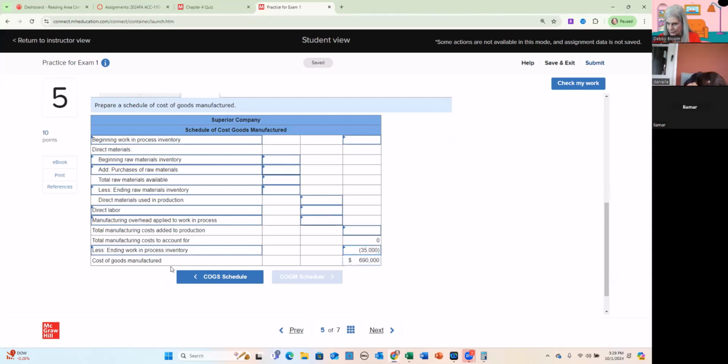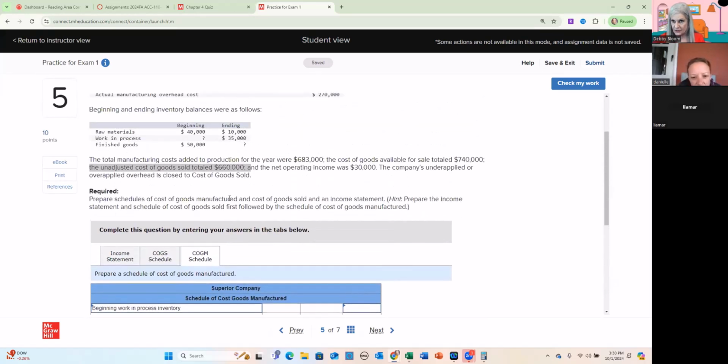I think the computer accepts it as a positive number. As long as you do the less, it knows to subtract it, but on the exam I would make sure that you're putting it in as a negative number. Okay? So I was just given my ending work in process inventory. Now I need my direct materials inventory.